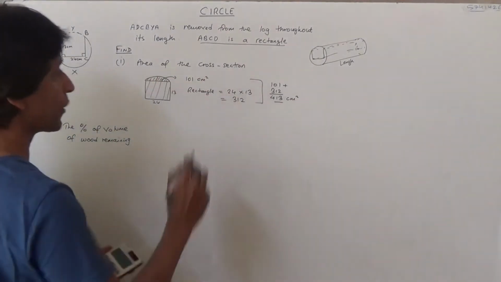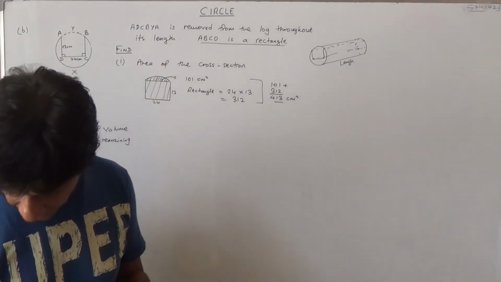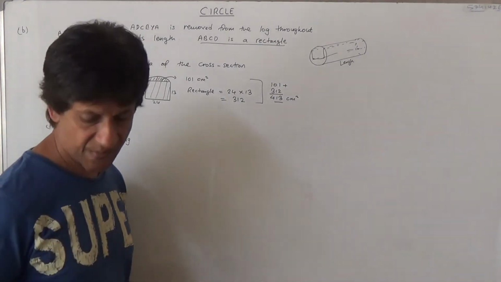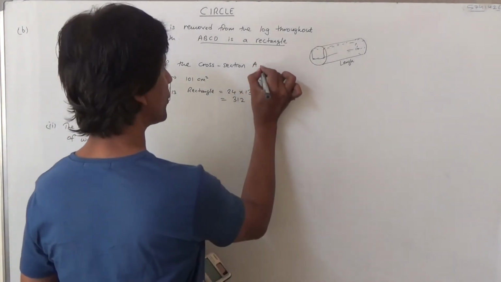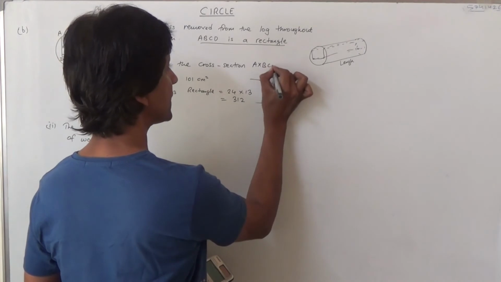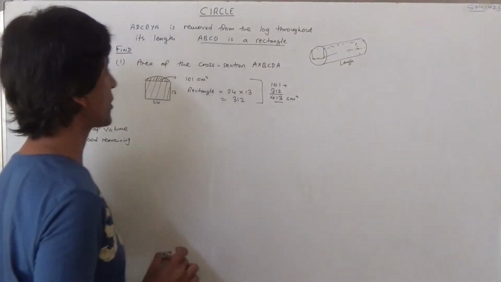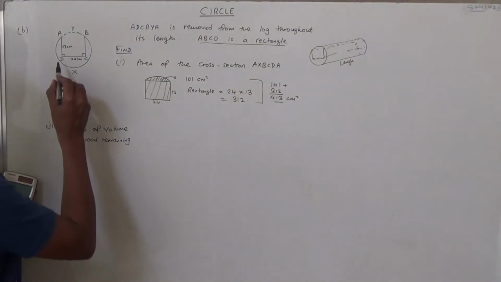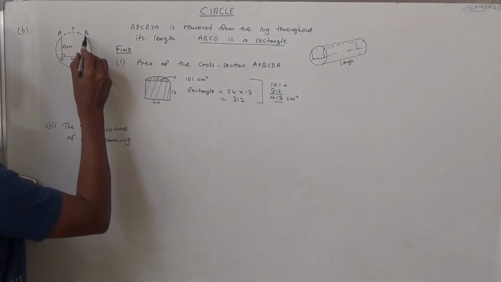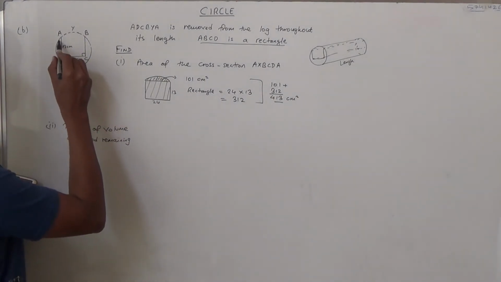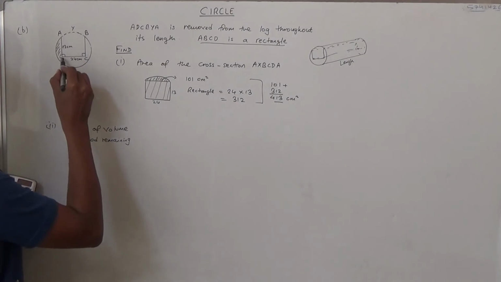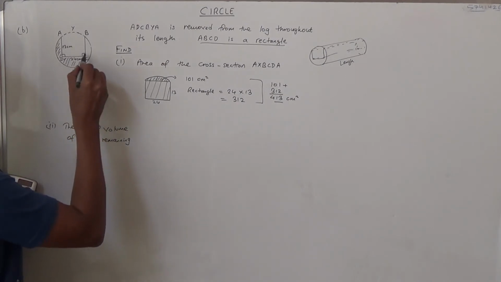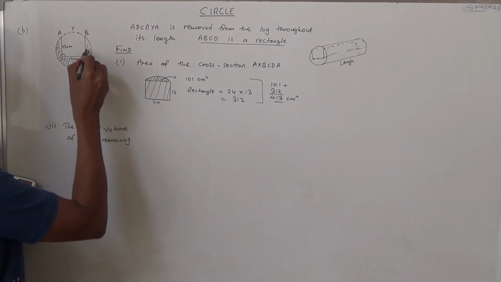We need to find the area of the cross section AXBCDA. I forgot to put this AXBCDA. That's the cross section. So this part here, let me shade it for you. Now we want this area.